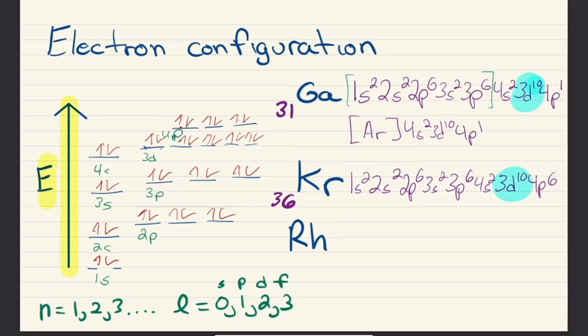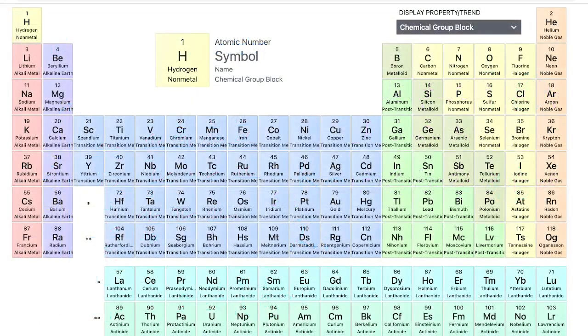Okay, moving forward. If we take a look at rhodium on the periodic table, we see that rhodium is in the 5th period in the D block. And what does that mean for us? So 5th period in the D block means that we should expect to have more electrons than each of the examples that we have shown previously.